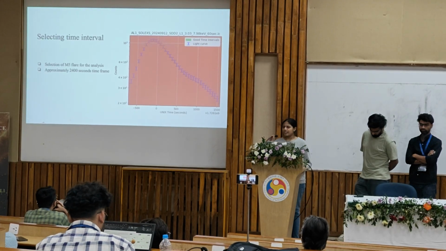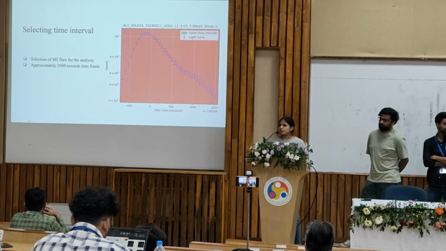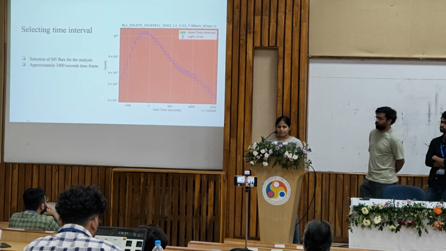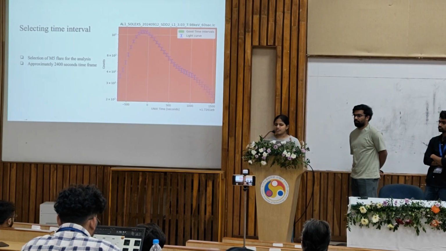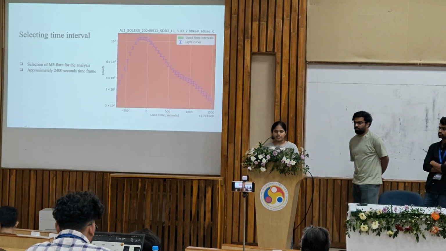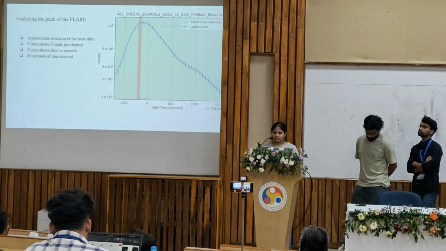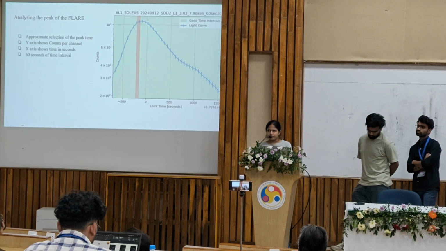So, we are selecting a time interval. We have chosen one of the prominent flares available from the last slide, and from there we have taken an interval which has the peak of the flare.